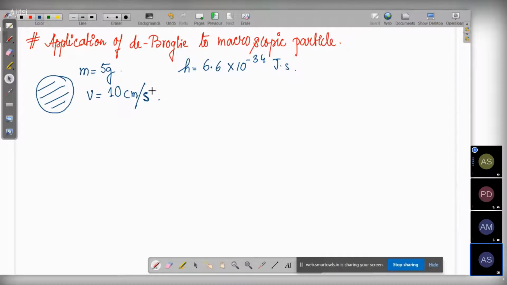Sir, it will be 1.32 into 10 to the power of minus 35. Yes, 1.32 into 10 to the power of minus.